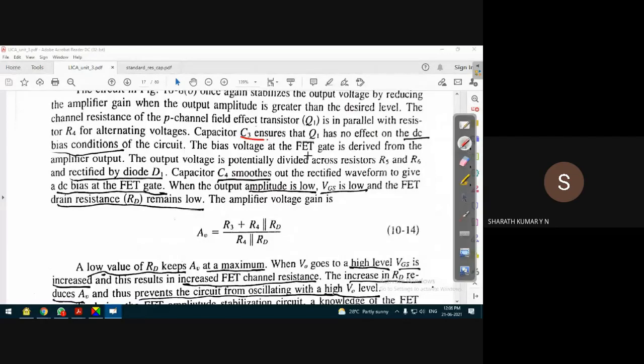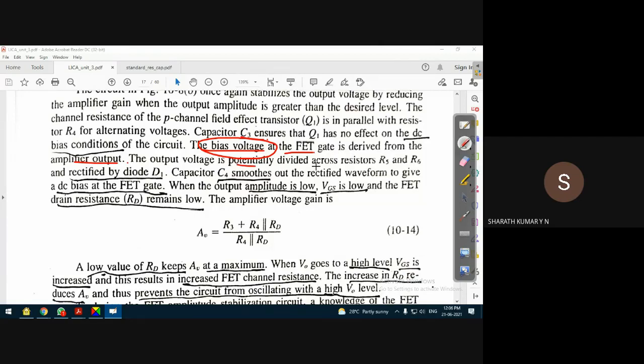So the bias voltage at the FET gate is derived from the amplifier output. Instead of connecting a separate DC voltage, we can derive the biasing voltage from the output of the amplifier.